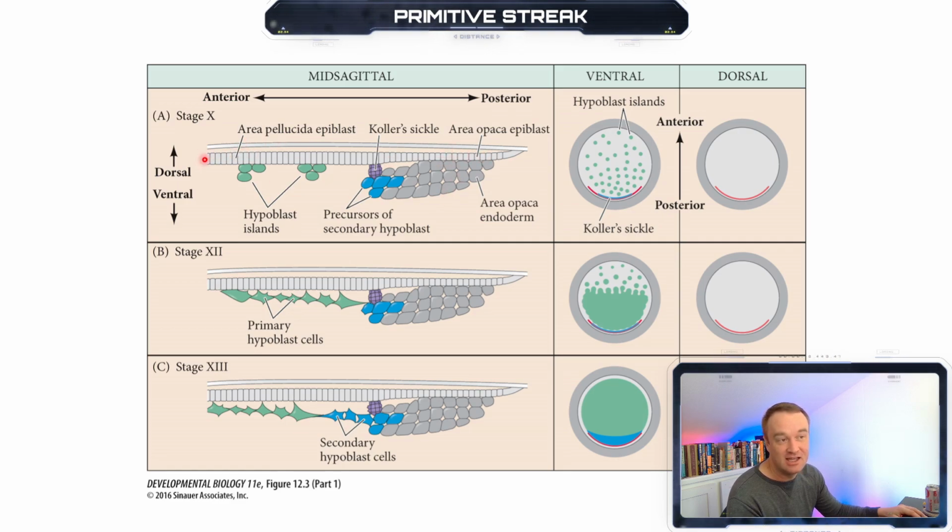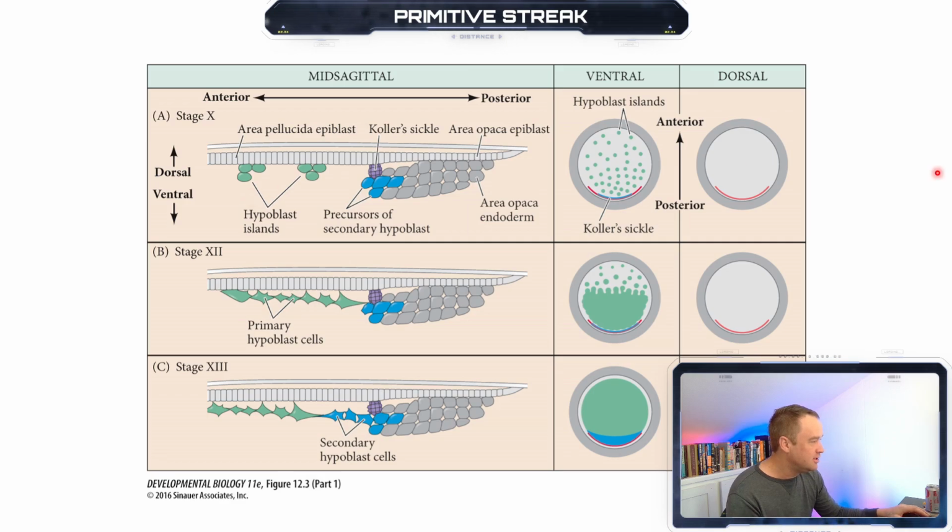Area pellucida doesn't have this second layer underneath it. So it's a one cell thick layer, a single sheet as opposed to multiple layers down.